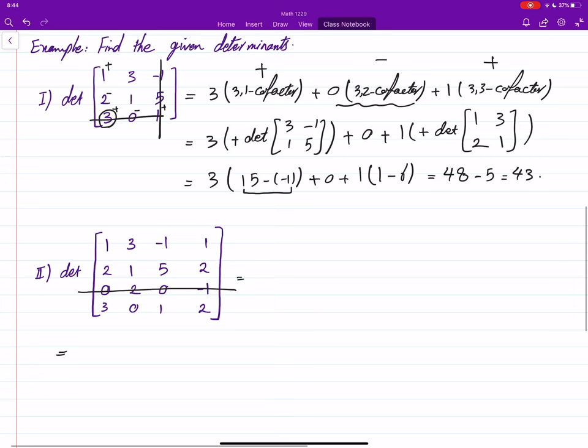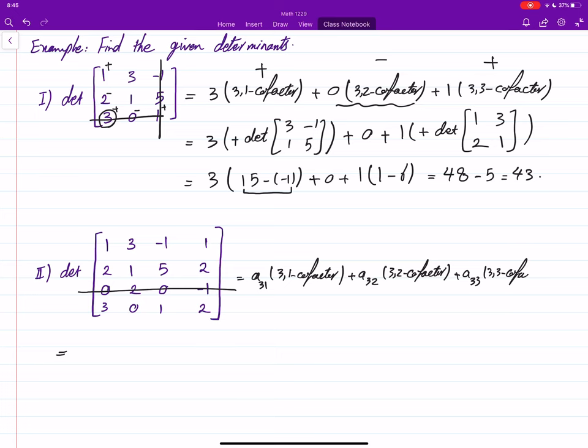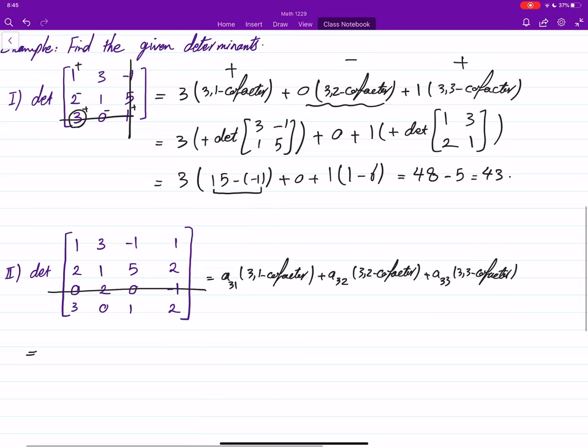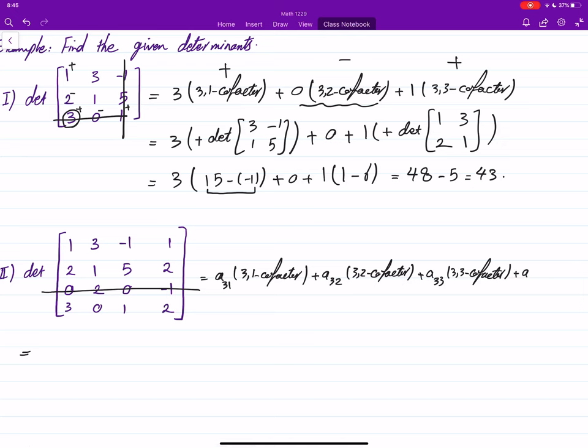Let me write it here. A 3, 1, 3, 1 cofactor. That's the first thing. Then plus a 3, 2, 3, 2 cofactor. Then a 3, 3, then 3, 3 cofactor. And the last piece is a 3, 4, 3, 4 cofactor.